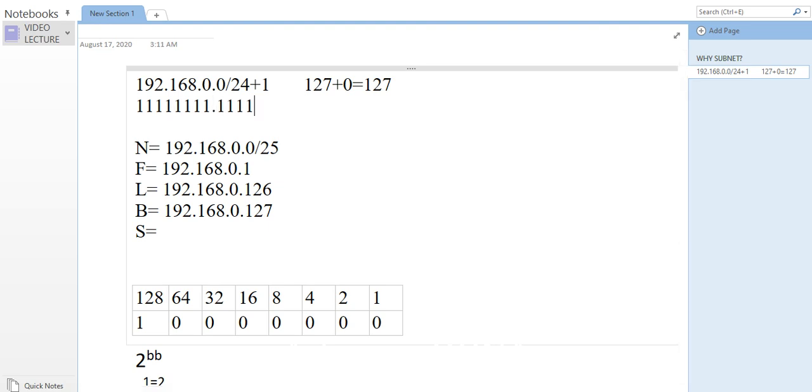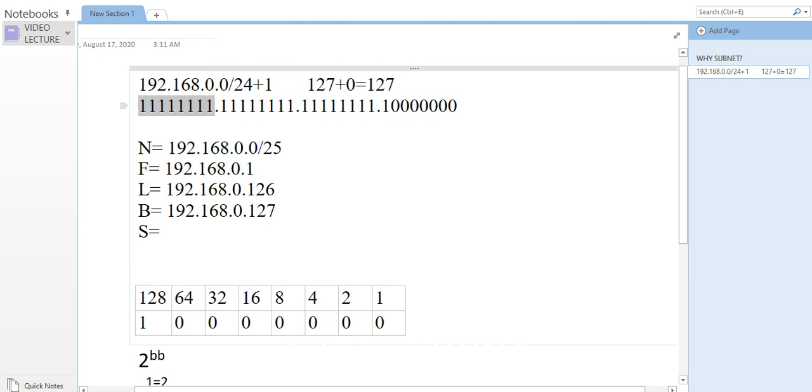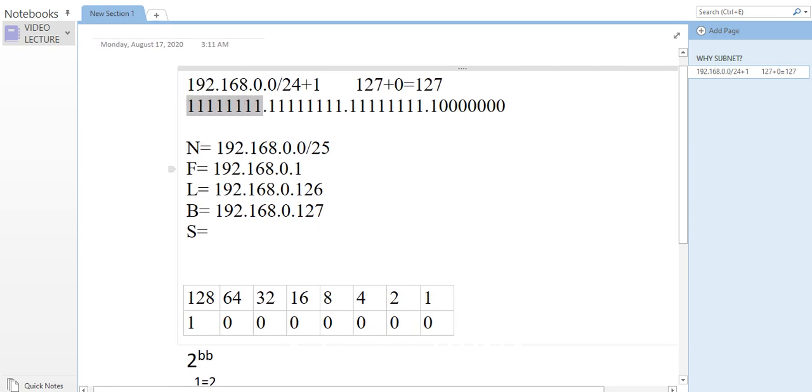Because we said CIDR 25, we need to have 25 ones. 1 2 3 4 5 6 7 8 dot 1 2 3 4 5 6 7 8 dot 1 2 3 4 5 6 7 8. That is 24. 1 2 3 4 5 6 7. So this is exactly what CIDR 25 looks like in binary.